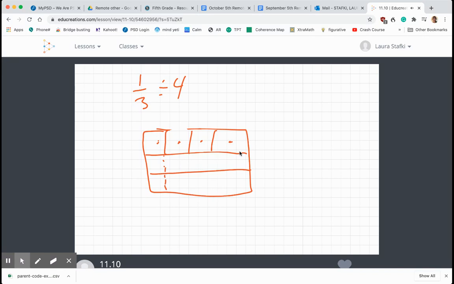And you've got to imagine these lines going all through, and you can figure out that each of these is 1/12. So your answer is 1/12. So that's your reteaching example right there, kind of explained out.